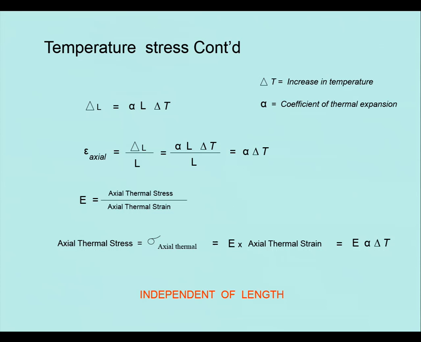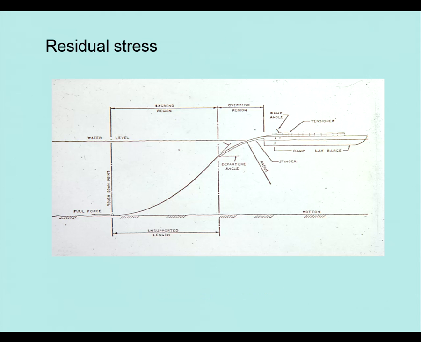Okay? So, if the pipe is fully restrained anywhere in its length, and we heat this pipeline up, you're going to get temperature stress. So, this is a rubbish drawing of a lay barge.